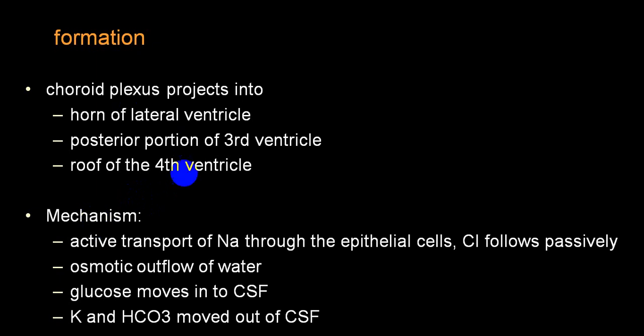Mechanism of formation is mainly by what we call ultrafiltration. There will be osmotic outflow of water. Glucose will also move out from choroid plexus into CSF, and some amount of potassium and bicarbonate also moves out of CSF.